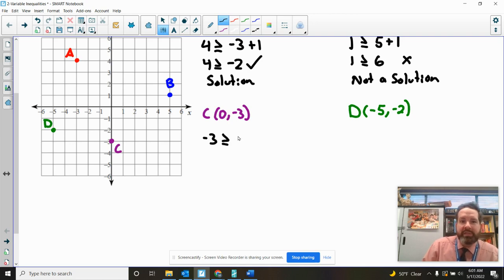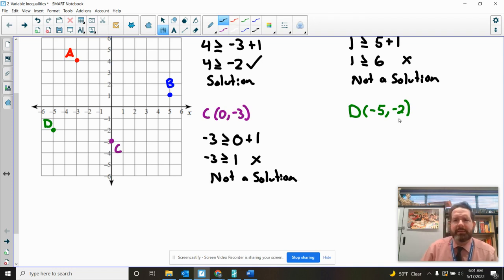Okay, y coordinate, x coordinate plus 1. Is -3 greater than or equal to 1? No, -3 is less than 1. This is not true. So this ordered pair is not a solution. Next up, -5, -2. So -2 in for the y.